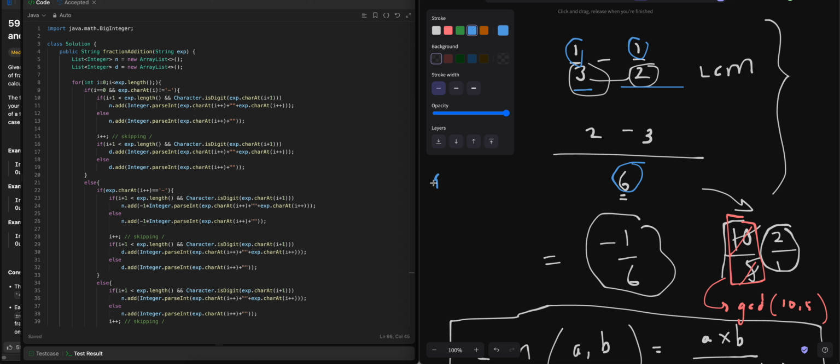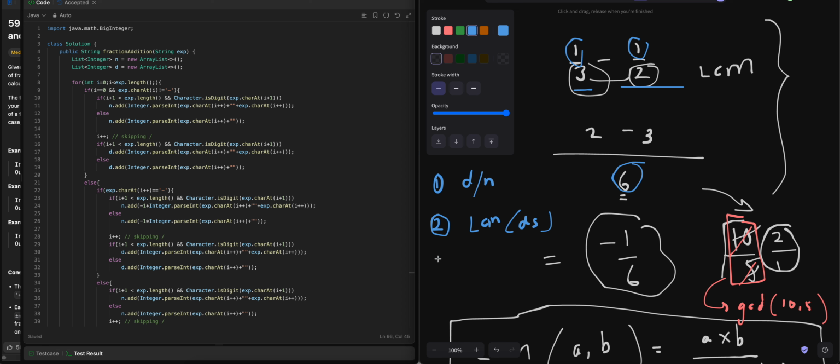So the first thing is to separate out both the numerator and denominator. I will also note it down: separate out denominator and numerator from the given string. The second step is to find the LCM of all the denominators.